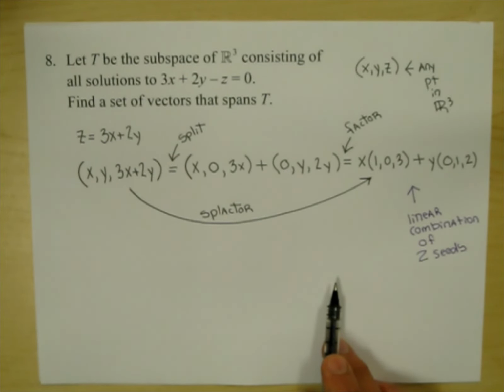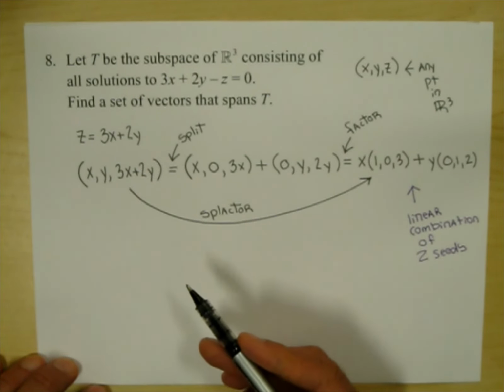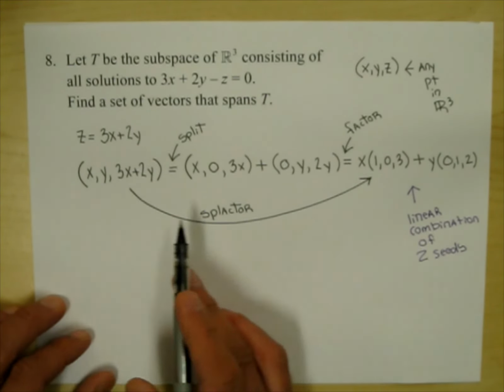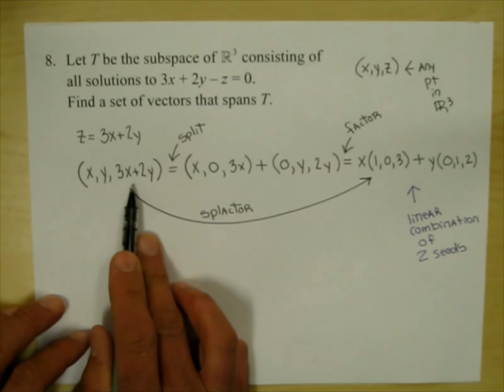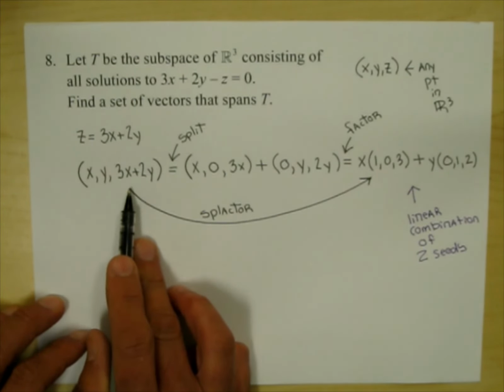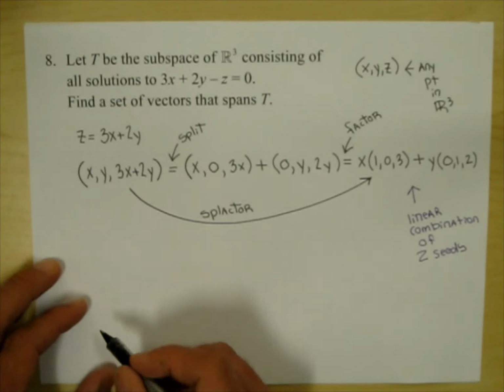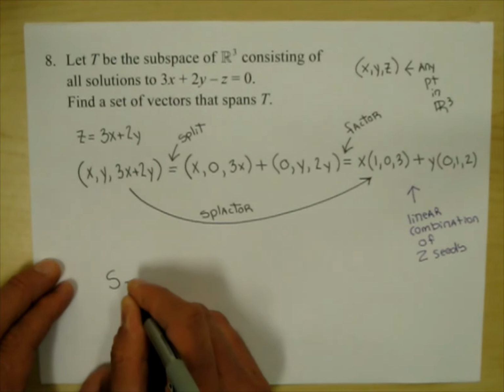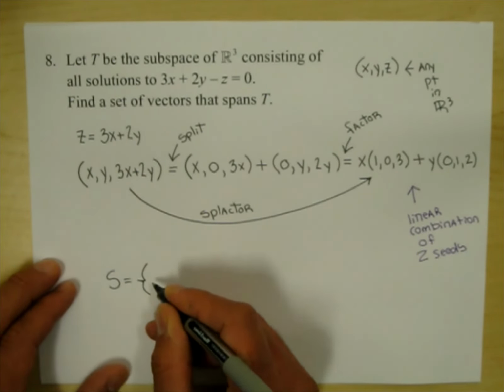Now what are they asking us to find? They're saying find the set of vectors that span T. Find the seeds. Look, any vector in this subspace, on this plane, however you want to say that, can be written as a linear combination of those two seeds. So guess what? We have just found the set of seeds. We have found red, yellow, and here they are.